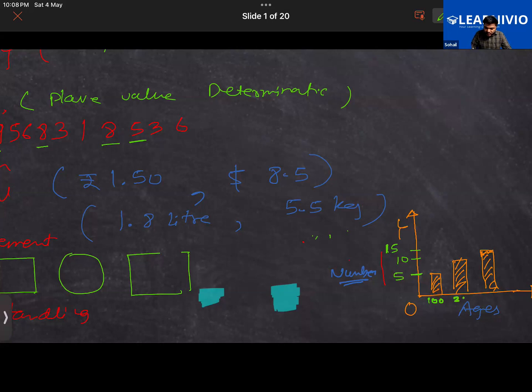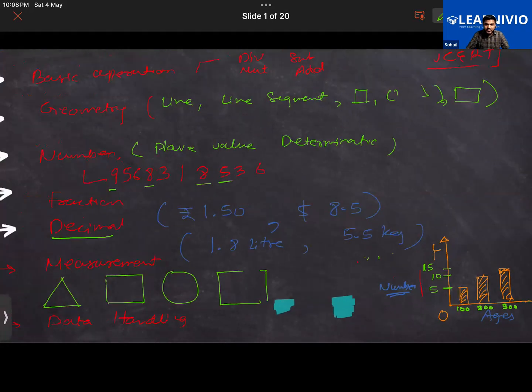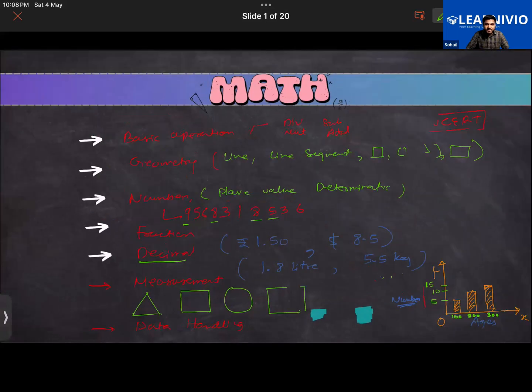Say that there are 200 students who are under the age of 10 years. Or let's say there are 300 students who are under the age of 15 years. So using this chart, I am able to represent the data in this manner.